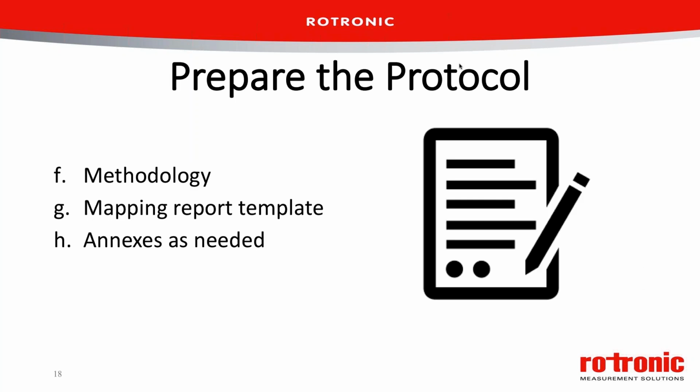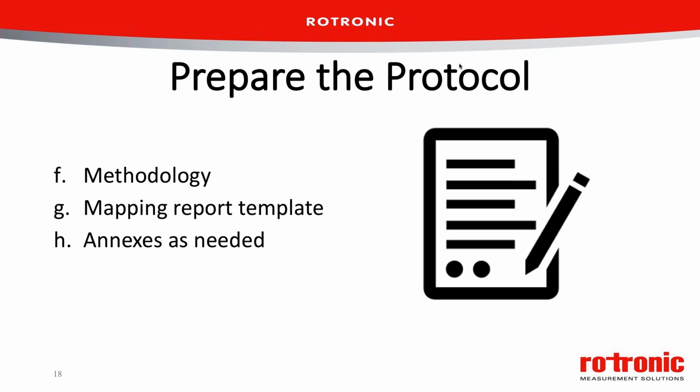And then the methodology, it really becomes the most important and the largest part of the body of the protocol. It should include information on the logger selection, mapping team selection, surveying of the site, determining and documenting of the logger locations, conducting the mapping, and the collection and download of the data.